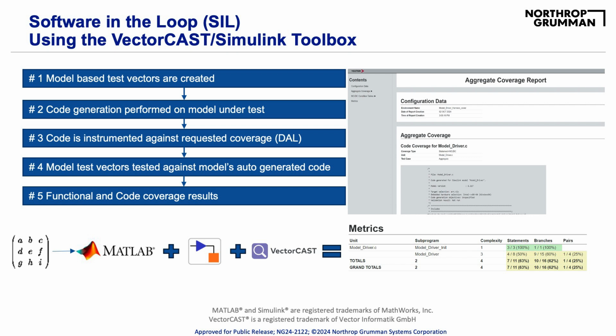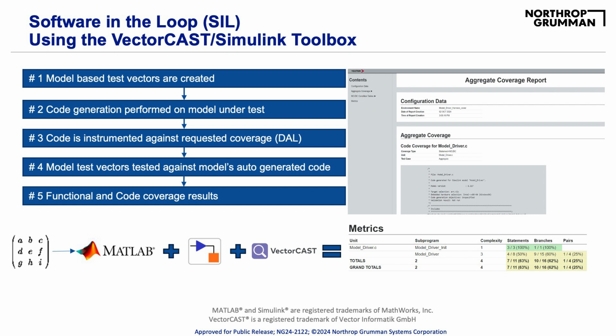It takes the model itself, generates code against that model, instruments the generated code against the requested coverage level. The same model test vectors, once more, that were created for the MIL environment are tested against the model's auto-generated code, and then at the conclusion, VectorCAST is able to output the functional and code coverage results associated with that test.